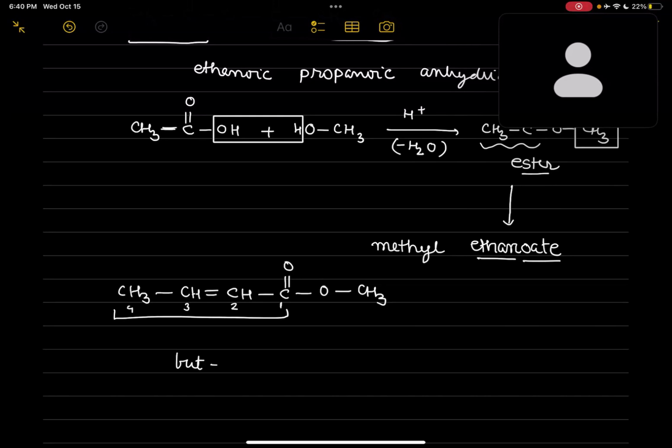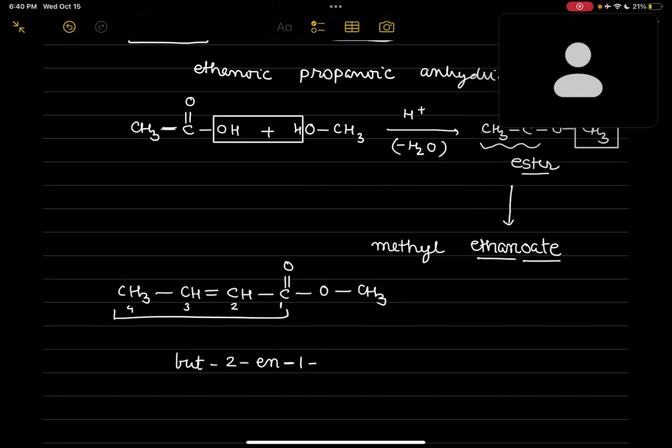Yes. But-2-enoate, or 1-oate. Got it? Yes, sir. Normally, if the locant 1 is alone, it is skipped.